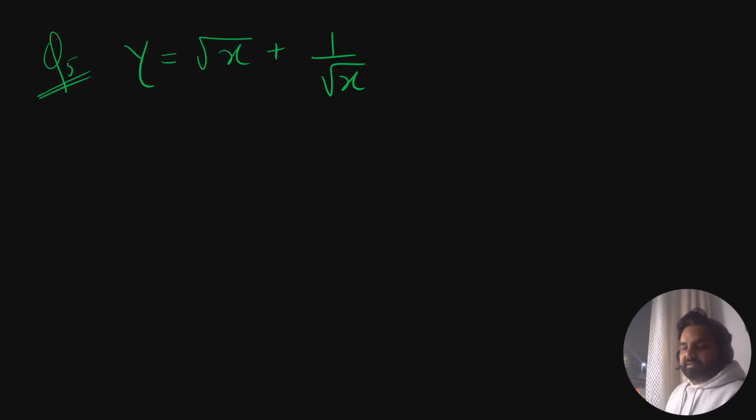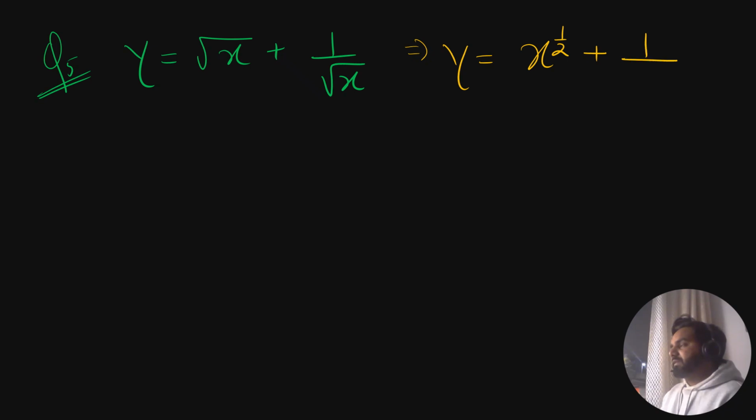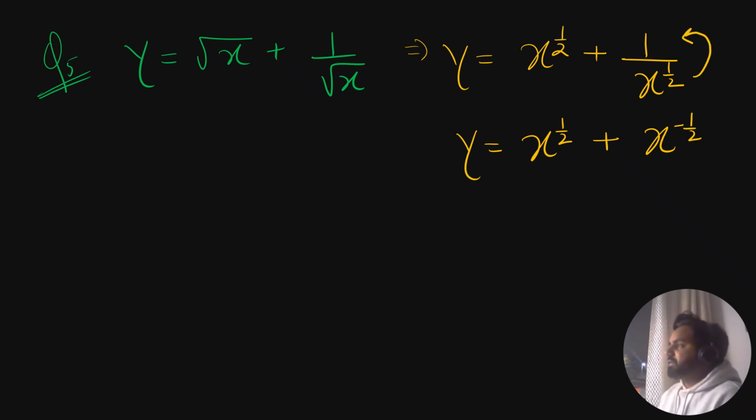For conversion, I can write y is equal to x to the power half, which is fine, and here I can write x to the power half. Now I don't have to do anything with this, so I will write it as it is, and this I can write x to the power minus half. I will move this to the top, so the power sign will get changed.